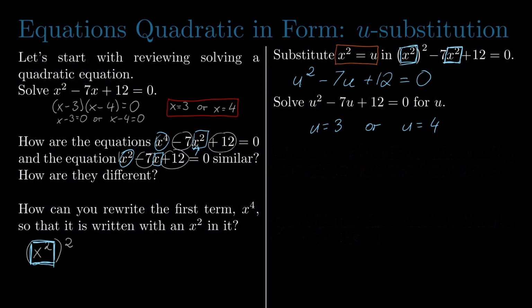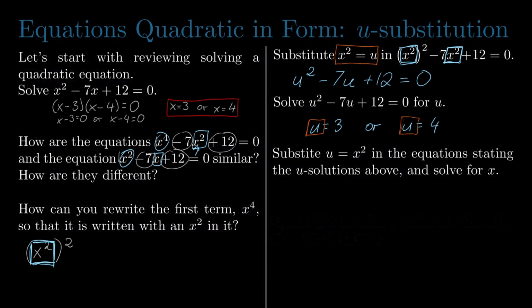So now, every occurrence of u will be replaced back with that x squared. So we're using our dictionary the other way around, from the u language to the x language, to rewrite those two equations stating the u solutions in the x language.